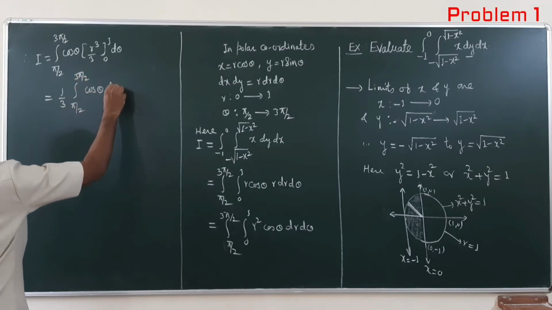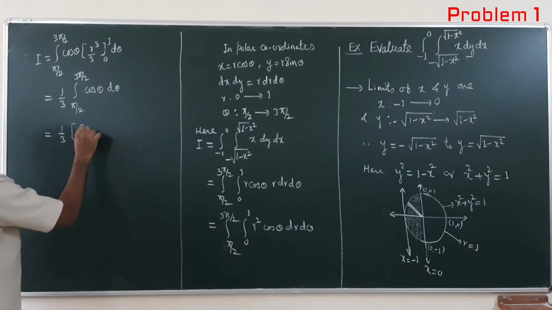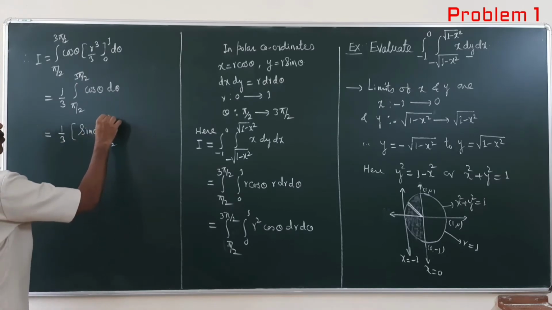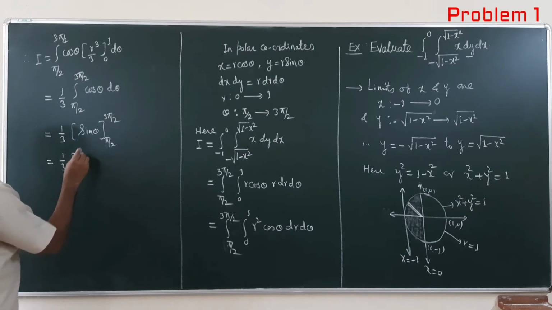Cos theta d theta. Now what is the integral of cos theta? Cos theta is the derivative of sin theta, so its integral is sin. So 1 by 3 sin theta from pi by 2 to 3 pi by 2. What is sine 3 pi by 2?